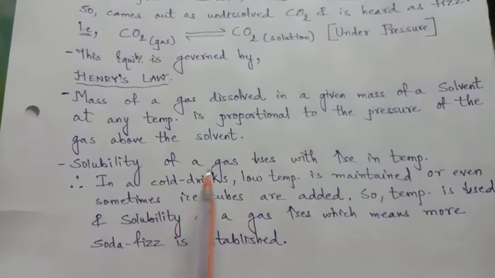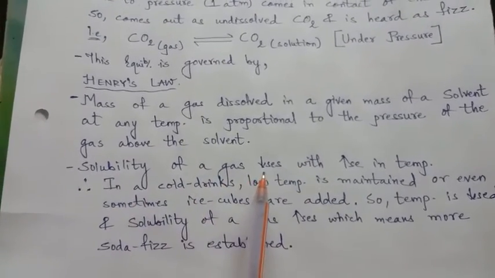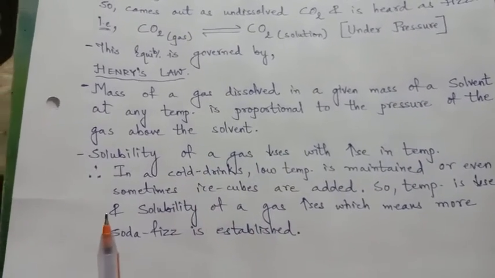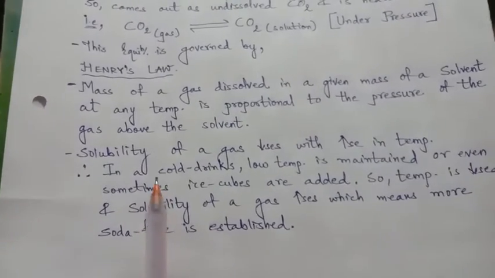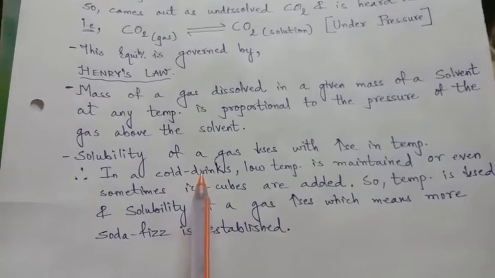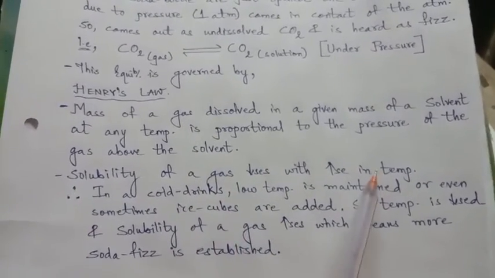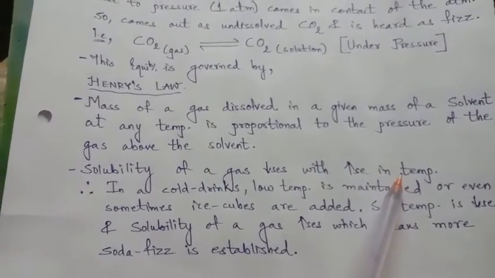And this is a good example of why we drink aerated drinks in a cold condition, and why they are kept in a cold refrigerator. Aerated drinks are kept in the refrigerator and are also termed cold drinks because the solubility of a gas is inversely proportional to temperature.